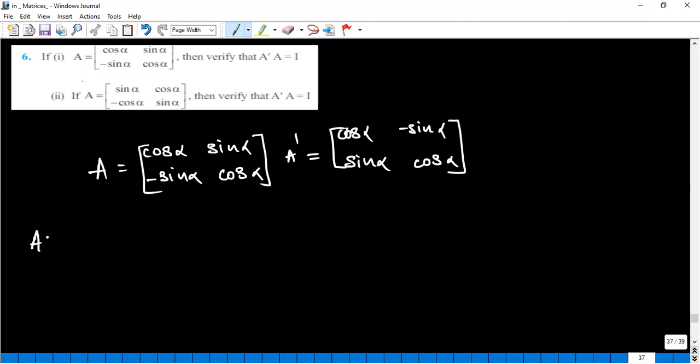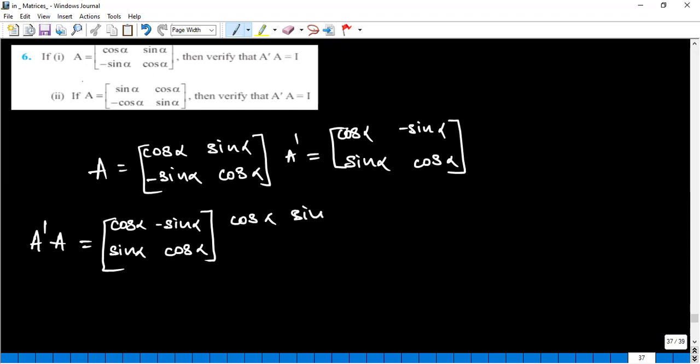Let us find out what is A dash A. First we need to write the A dash matrix: cos alpha, minus sin alpha, sin alpha, cos alpha. And A is cos alpha, sin alpha, minus sin alpha, cos alpha.